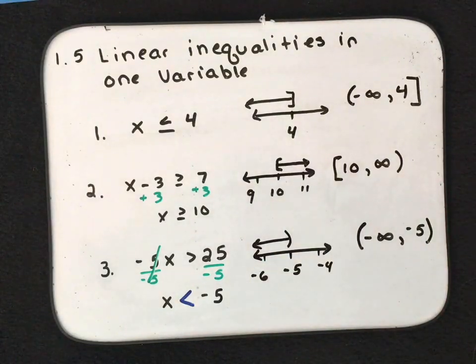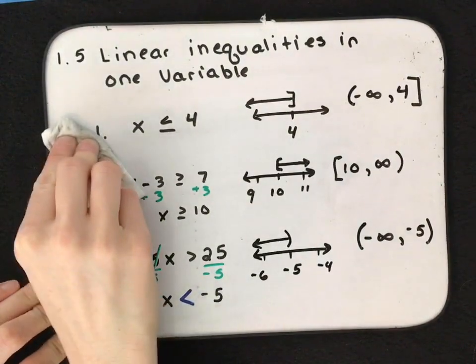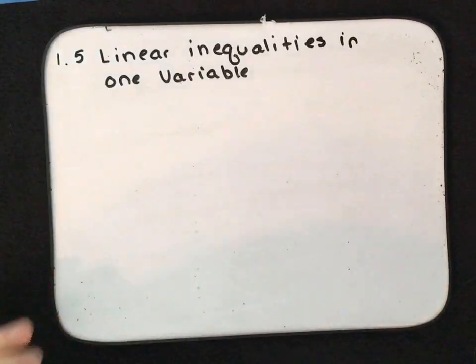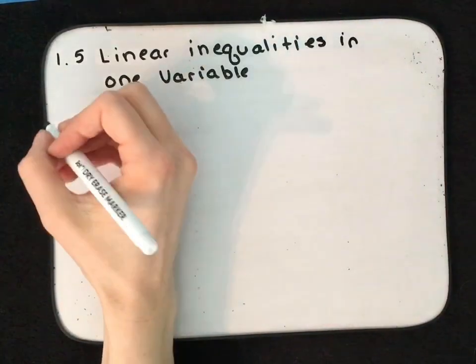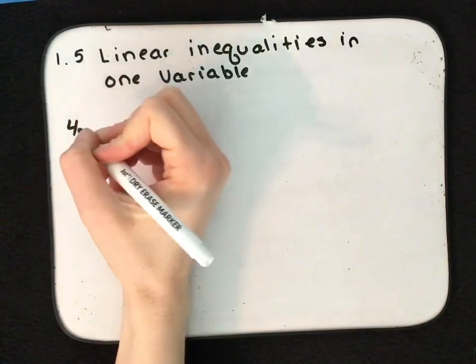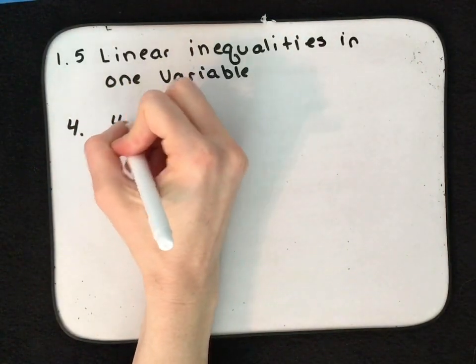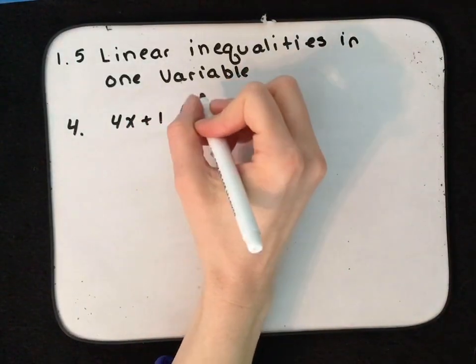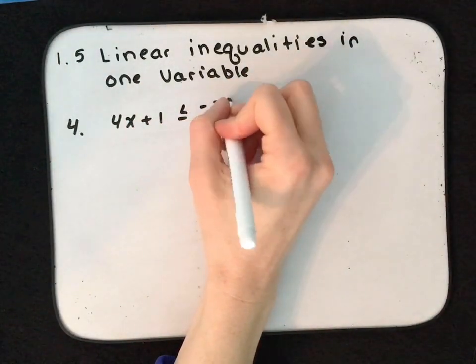Let's try again. Number 4. 4x plus 1 is less than or equal to -31.